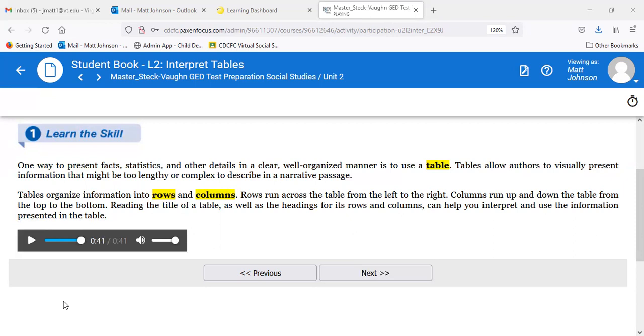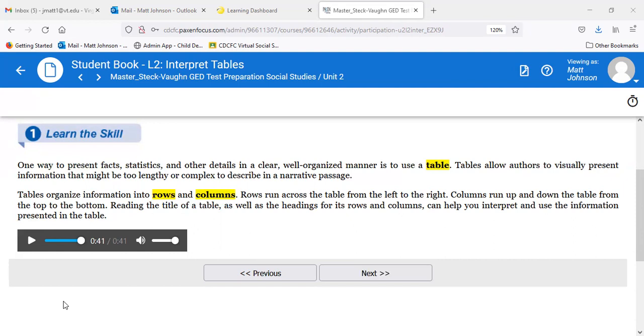And an easy way to remember which direction the rows and the columns go: if you think of columns like columns on a building, they are up and down, they're vertical. So the columns run up and down in a table, and rows, just like rows in a movie theater or a stadium, go left to right. And so again, we're visualizing information in a new way.